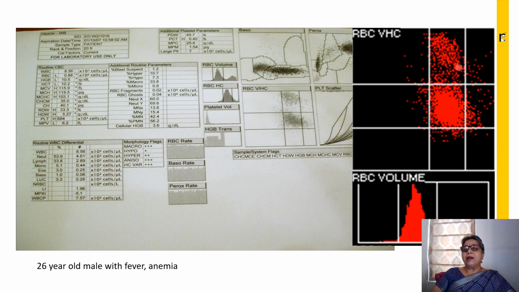So this is a very classical scatter plot that you get with red cell agglutination.